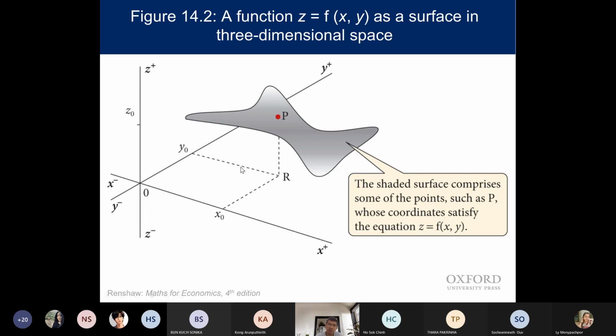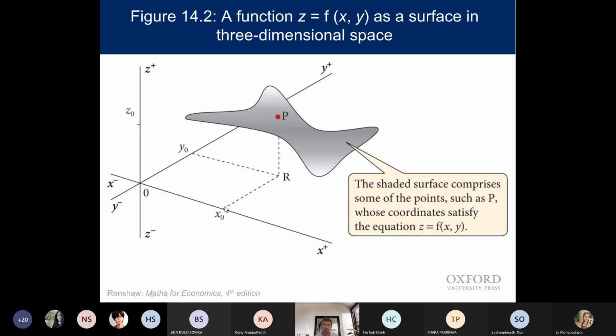So as you can see from this representative graph for the function z, a pair of x and y gives rise to a point in the space. Okay, just like when x takes value x0 and y takes value y0, it will give rise to z0. Okay, so that corresponds to a point P in the space.